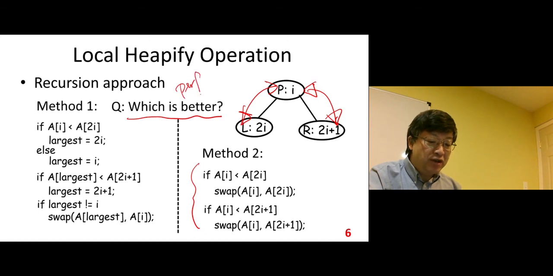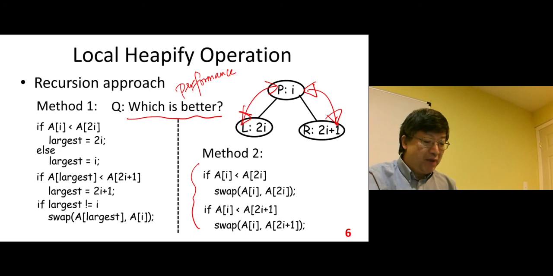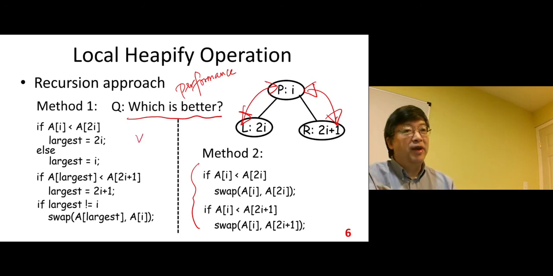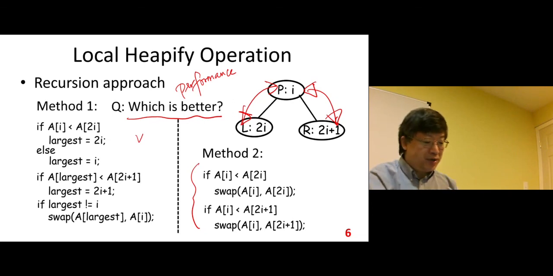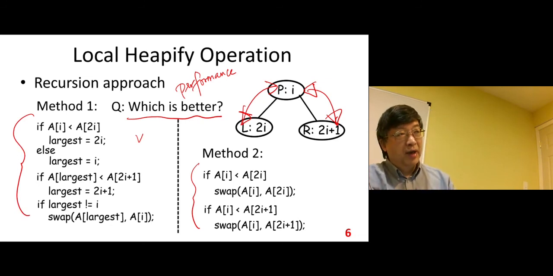Better means faster. The answer is method 1 is better than method 2. That's the reason why people use this relatively more complicated way to do it.